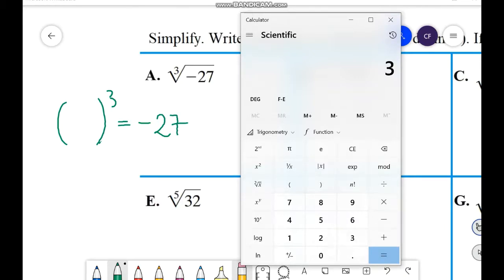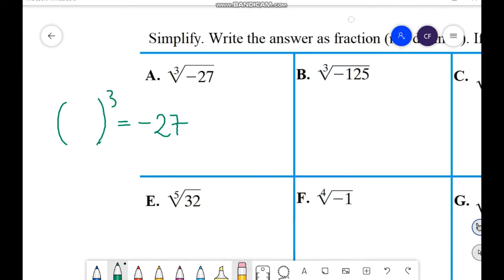If you use 3 with exponent 3, you will have 27. But you want negative 27. So let's try negative 3. Negative 3 with exponent 3 equals negative 27.